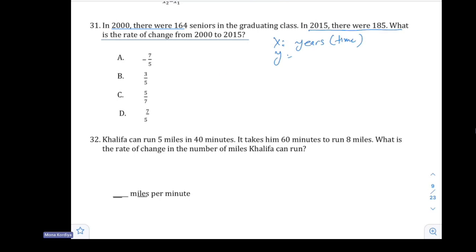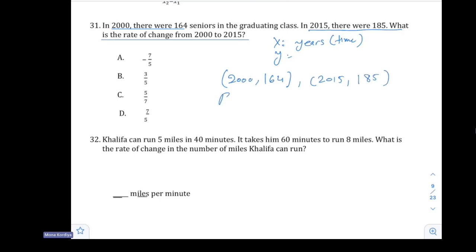So let's mention the points in this order. Let's start with the beginning. In 2000, there were 164 students. In 2015, there were 185 students.